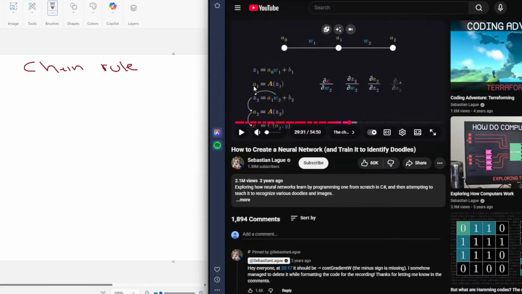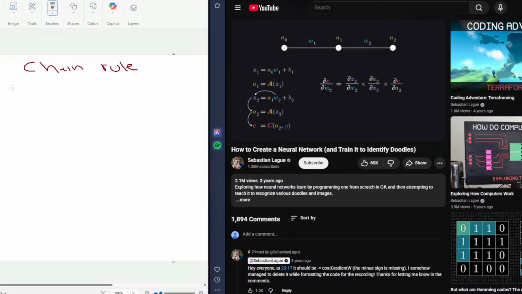That's how I'm viewing it. All we need to do now, according to the rule, is multiply these partial derivatives together, and it will give us the result.